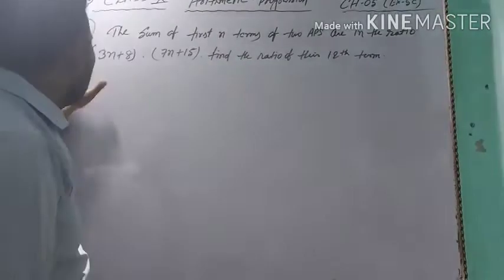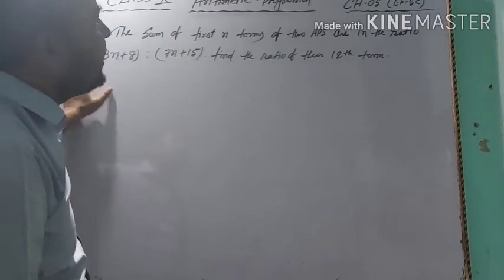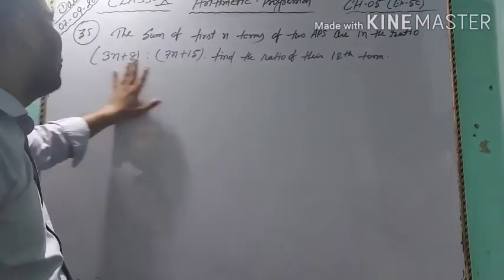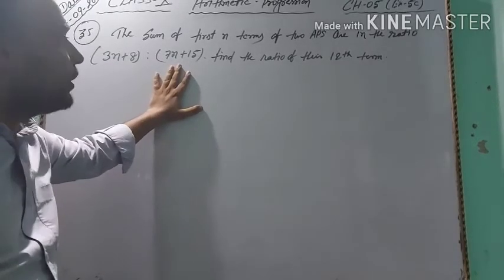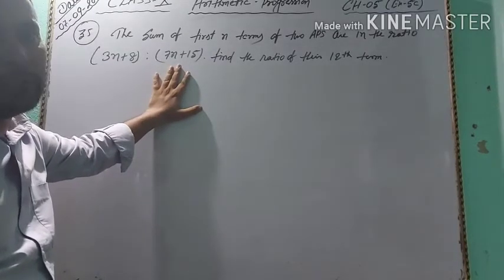Our next question is question number 35. The sum of first n terms of the two APs are in the ratio 3n plus 8 is to 7n plus 15. Find the ratio of their 12th terms.